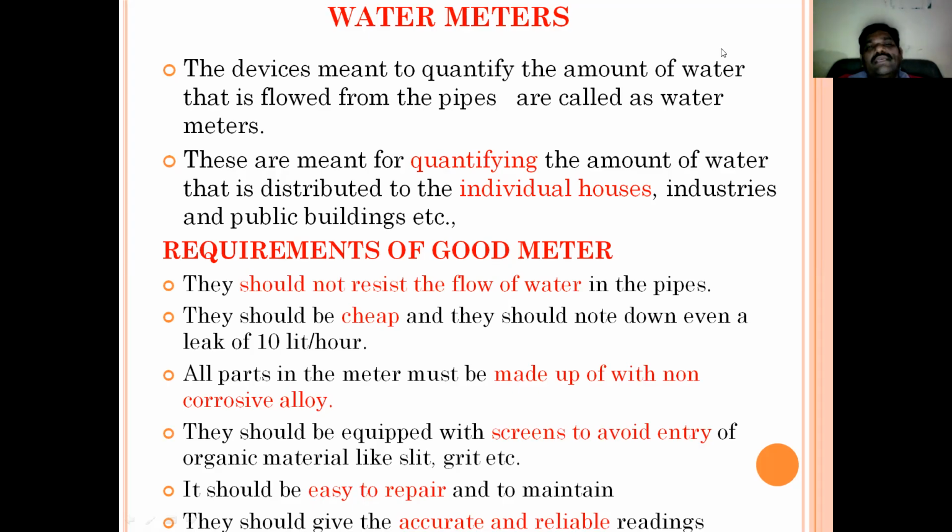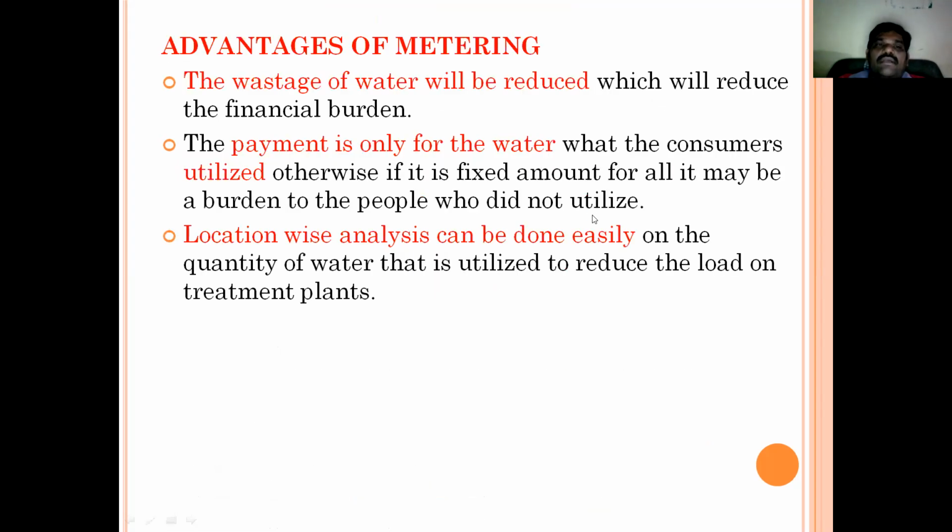Apart from these things, the advantages of metering, an associated topic. What are the uses and what are the benefits? The first thing is the wastage of water will be reduced, and the payment is only for the amount the consumer has utilized.